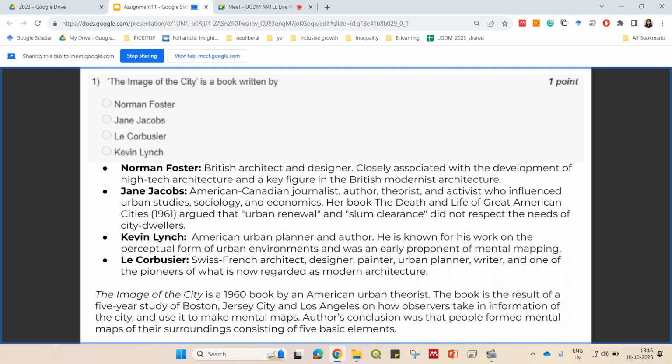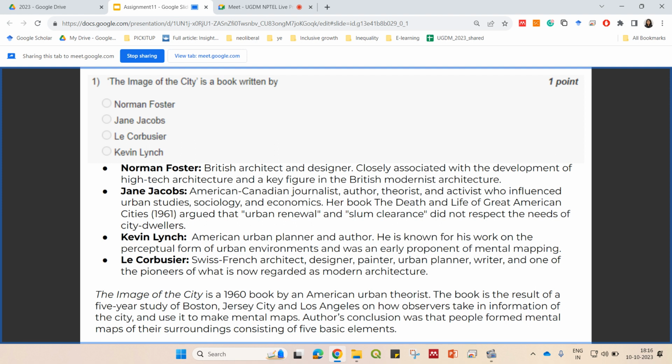And what the book tells is how observers take in information regarding the city and how they use that information to make mental maps about the city: how the urban space is organized, how various things are located in the city, what the major landmarks are, what the nodes are, what the connecting pathways are which connect major landmarks of the city.